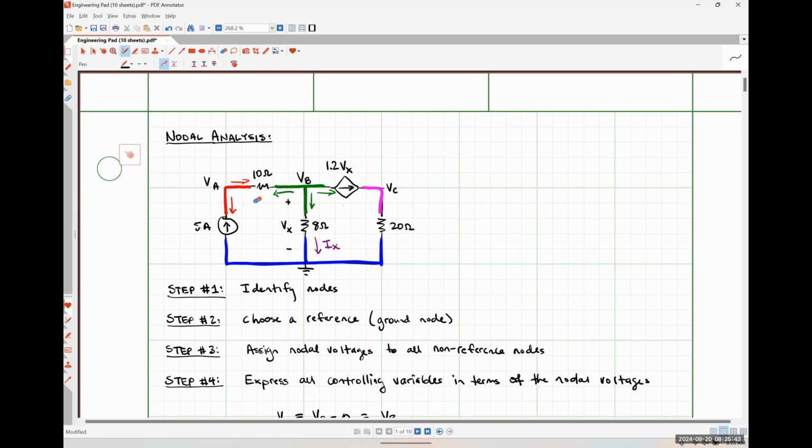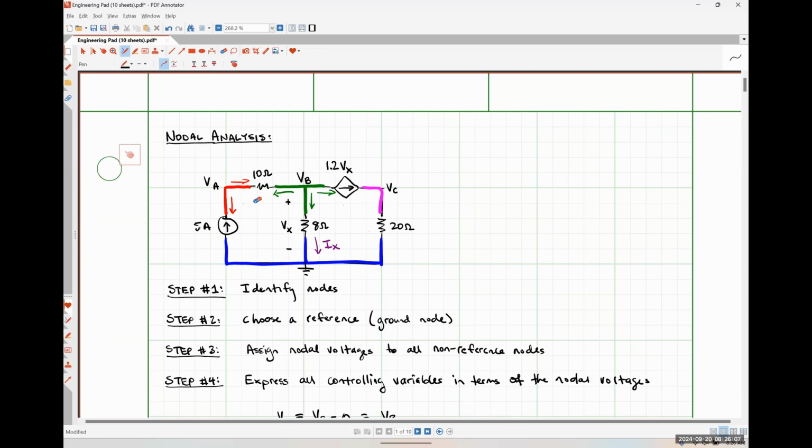So this goes back to what we talked about on our second day of class when we were talking about how currents are defined and all of that kind of stuff, right? To fully define a current, we need both a magnitude and a direction. So we have that current source over there on the left. Its magnitude is 5 amps and its direction is up.